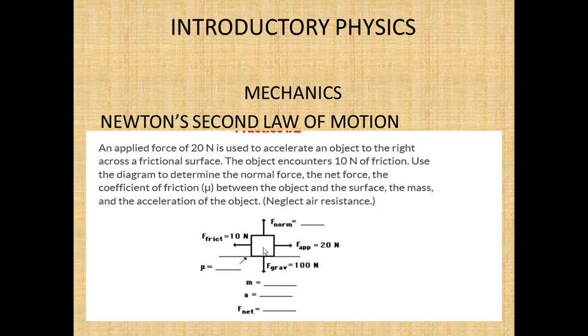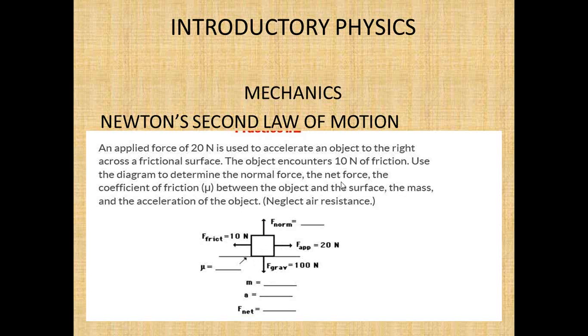Remember, if the object is pushing down on the surface with 100 newtons, the surface is going to push back up on the object, same amount of force but in the opposite direction. So the normal force is equal to 100 newtons.